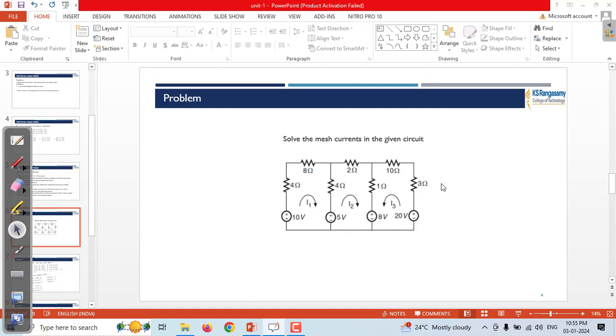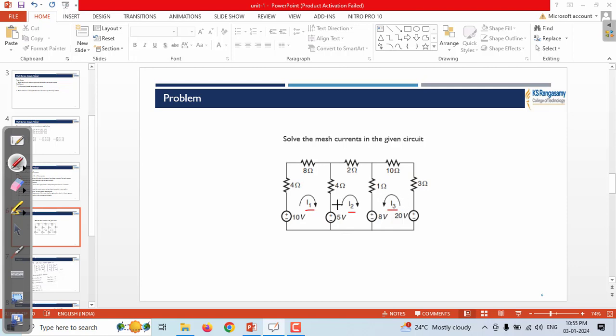Now we will discuss how to calculate the mesh currents in the given circuit. In the circuit diagram, there are three loops: loop 1, loop 2, and loop 3. Current flowing in loop 1 is I1, for loop 2 the current I2 is flowing, and for loop 3 the current I3 is flowing.